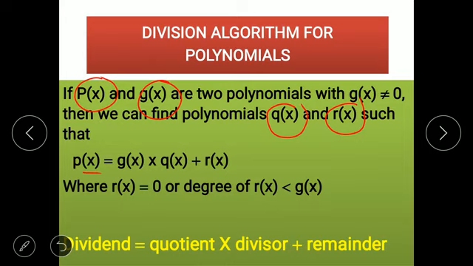Look, p(x) is the polynomial we are dividing, that is known as the dividend.